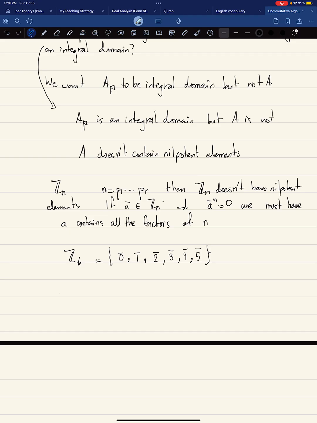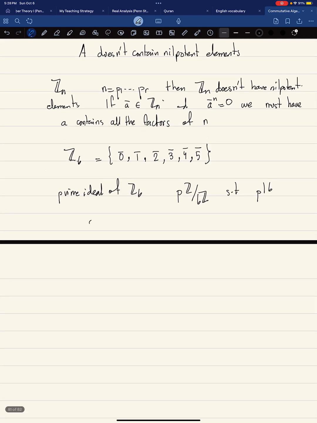Let's see what the prime ideals in it are. So prime ideals in Z6 look like pZ over 6Z such that p divides 6, I guess, and so it's either 2Z over 6Z or 3Z over 6Z.